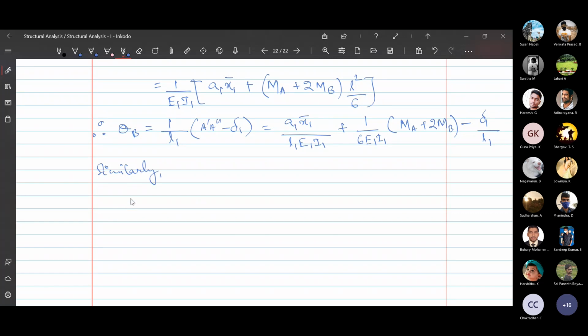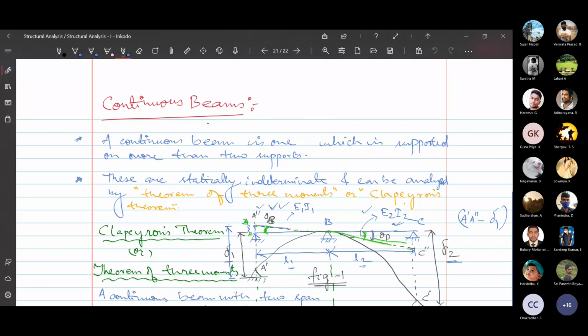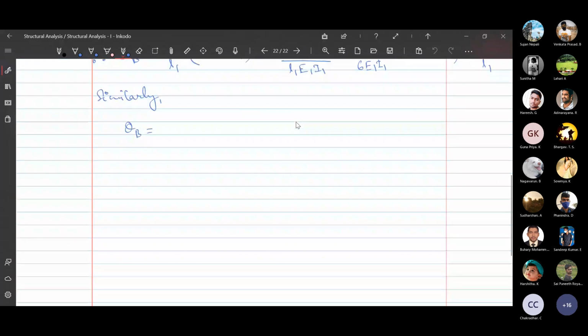Similarly, we can write theta B if I consider from this side, from span BC, theta B will be C C dash by L2.